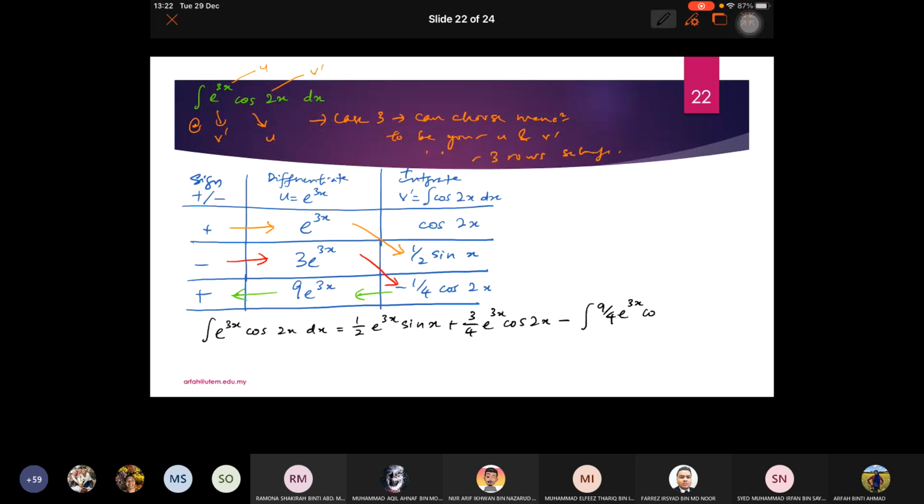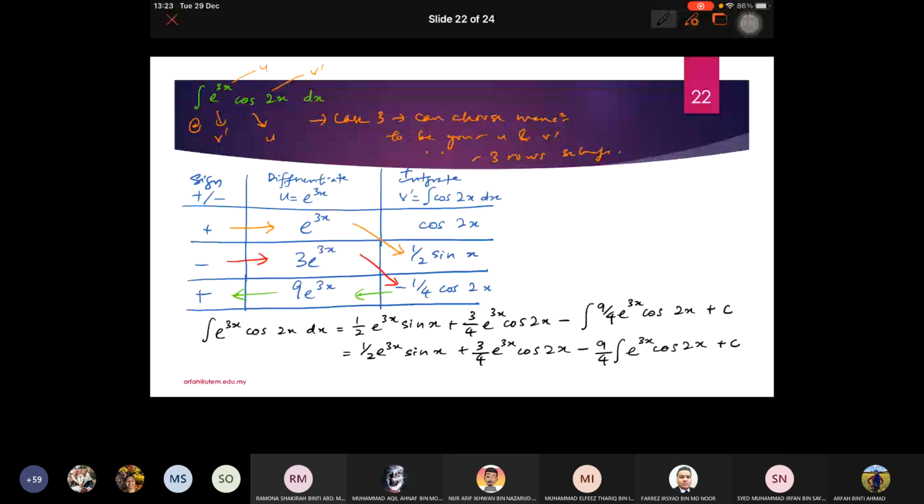So itu adalah dia punya integration. So akan sama dengan 1/2 eksponensial 3x sin 2x tambah 3/4 eksponensial 3x cos 2x tolak 9/4 eksponensial 3x cos 2x tambah C.